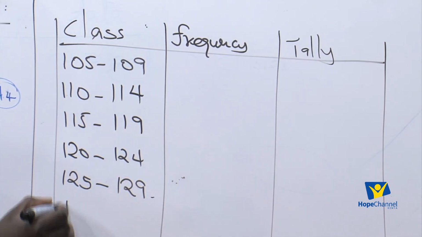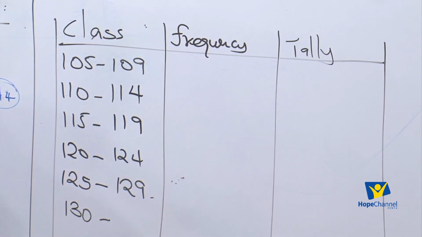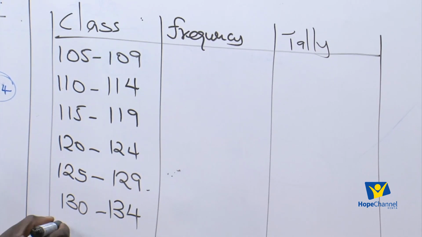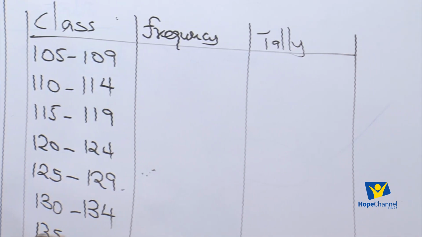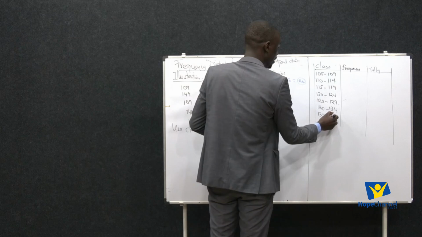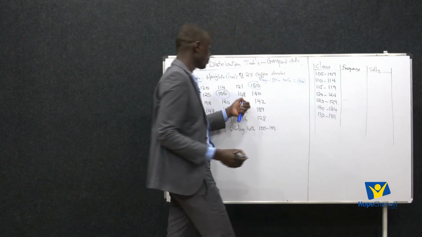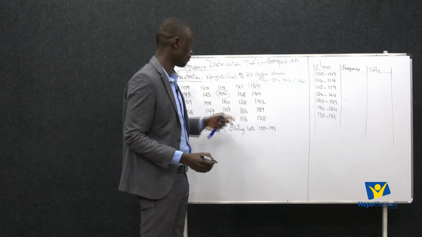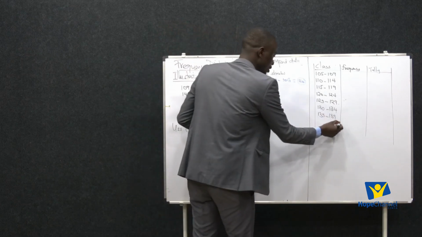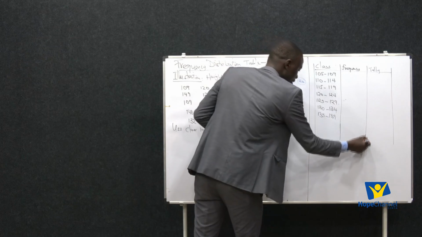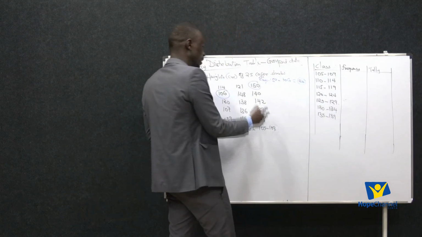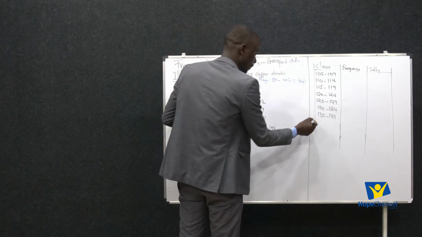Then we have 130 to 134, 135 to 139. Remember, our highest observation in this case is 150. So we have not reached the highest observation, so we'll continue until we take care of the highest observation.